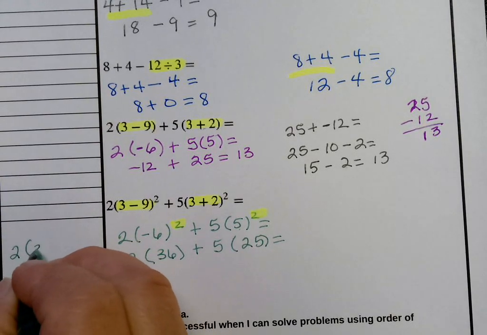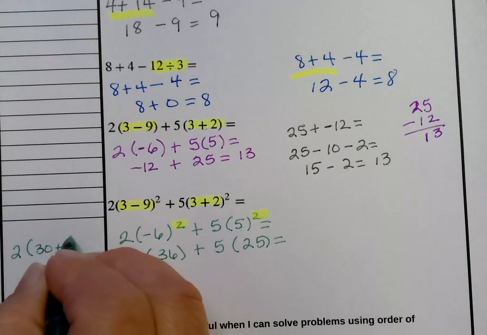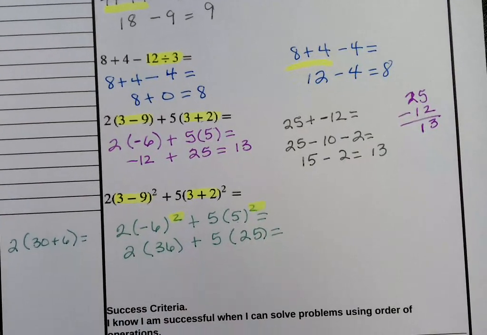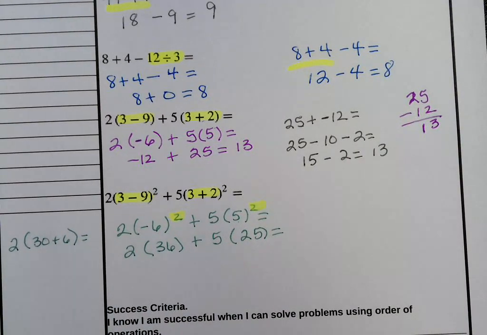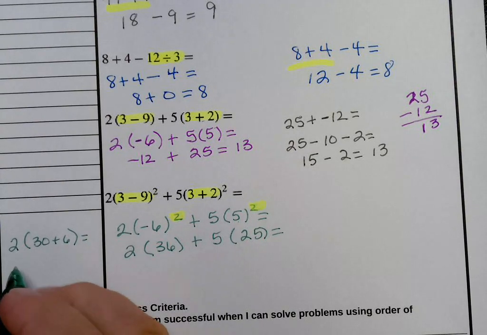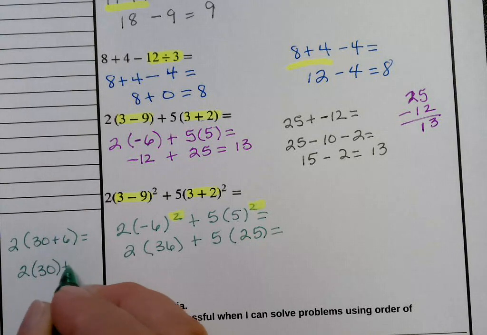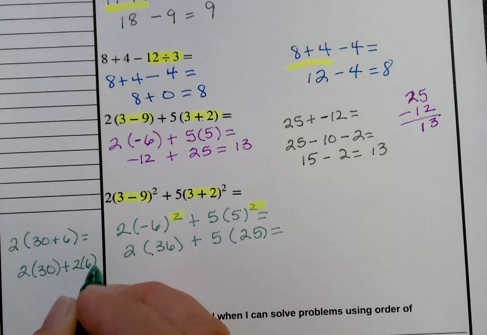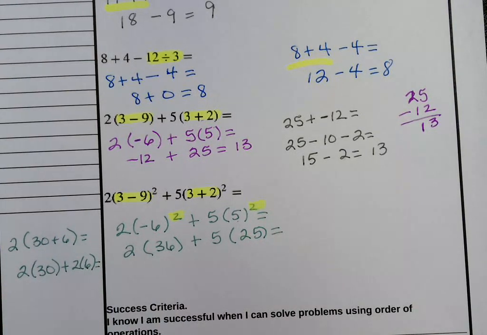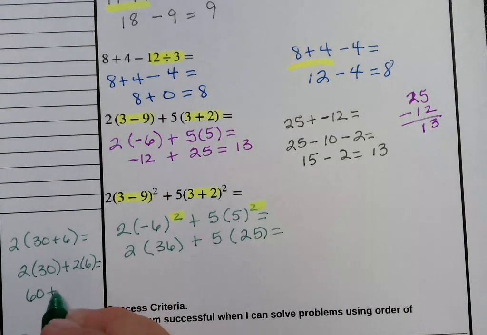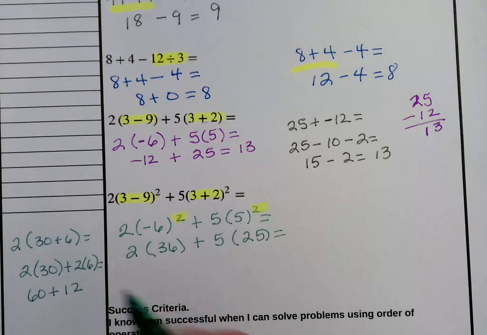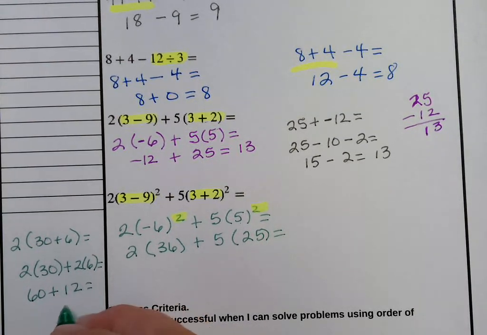Two times 30 plus 6. Okay, so if we distribute here, 2 times 30 plus 2 times 6. 2 times 30 is 60. 2 times 6 is 12. 60 plus 12 is 72.